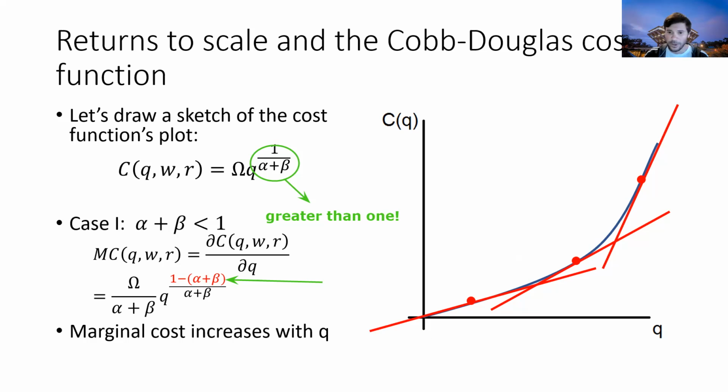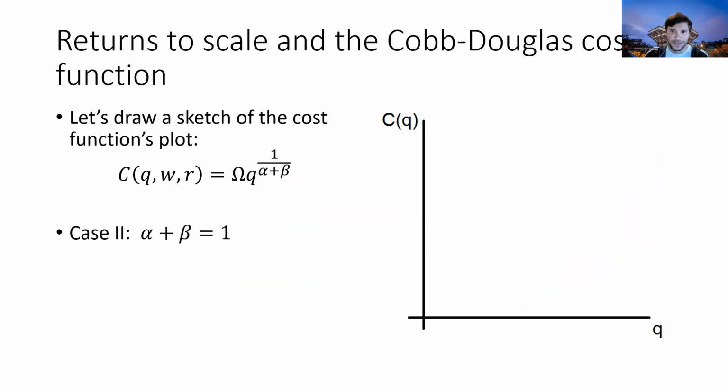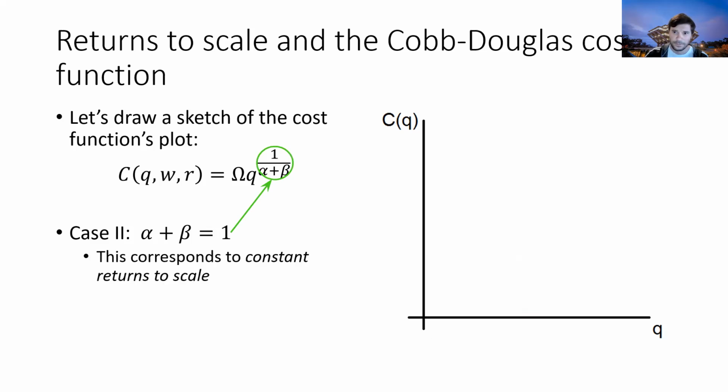Okay, so if we were in that case where alpha plus beta equals 1, and we plug the 1 in for alpha plus beta, what will that graph look like if it's Q to the 1 power? It's going to be a linear graph, just a straight line.